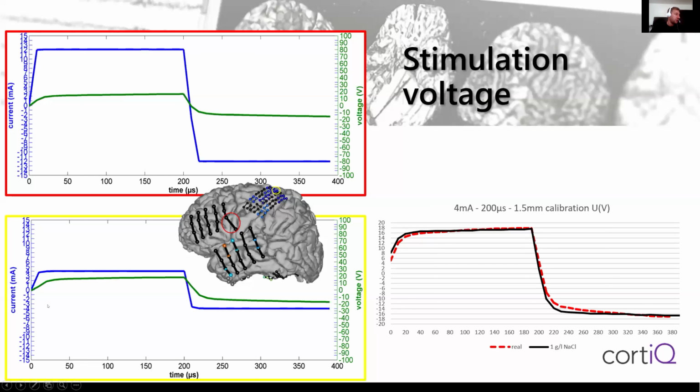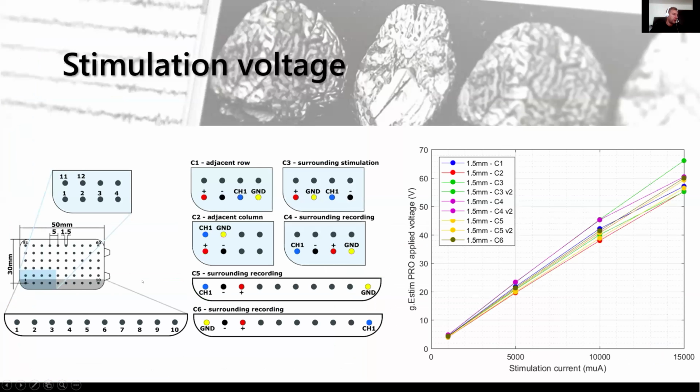And here, when we are now stimulating at 3 milliamperes in the smaller disc, we actually have also a similar voltage of around 10 to 20 volts. So that means the voltage increases with the impedance of the electrode. That's very important. And the maximum voltage that we can apply is 80 volts with the g.tec Pro.